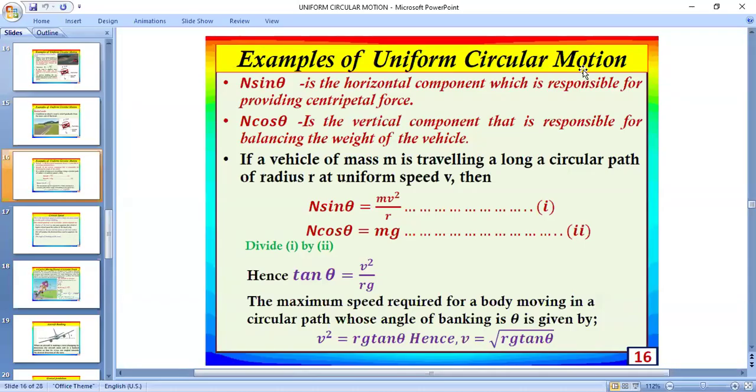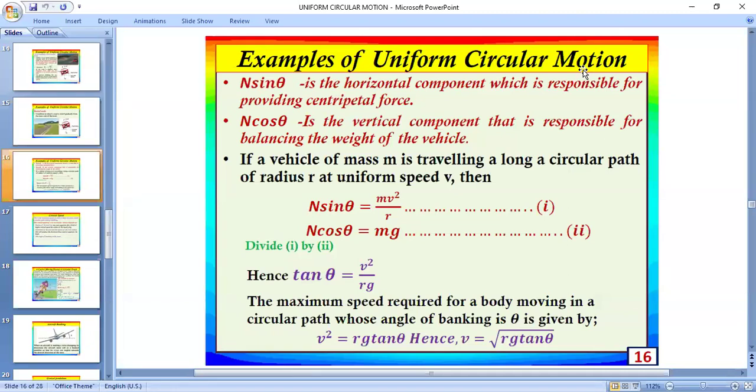So v squared equals rg tan theta. Square root both sides, then we get v equals the square root of rg tan theta. So that v gives us the maximum speed required for a body moving in a circular path whose angle of banking is theta to prevent skidding.